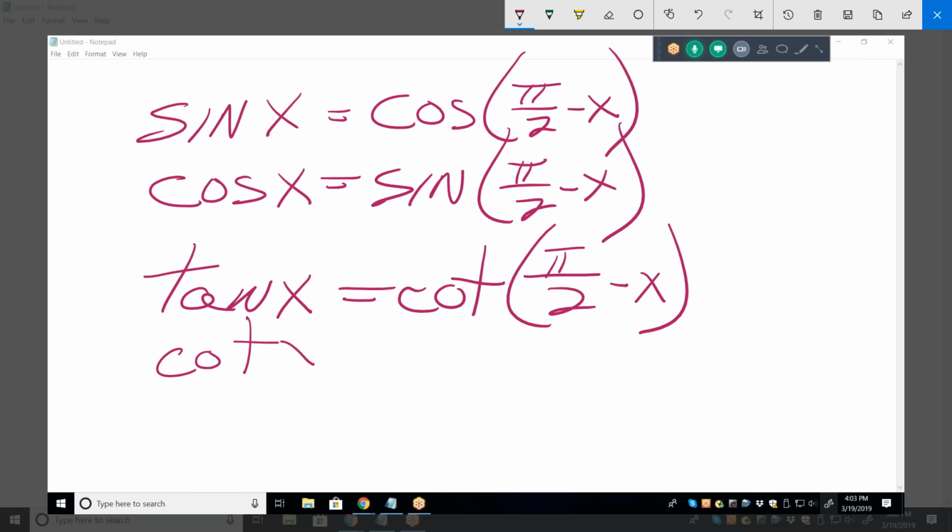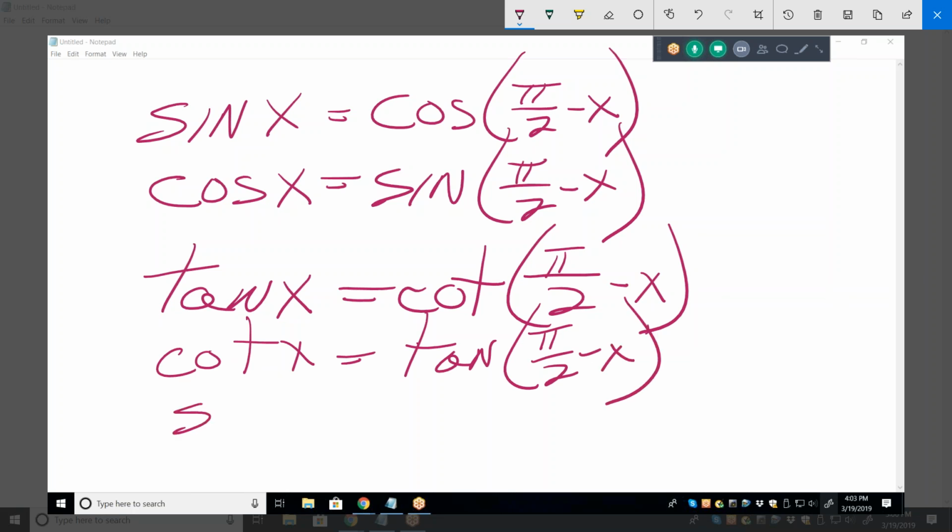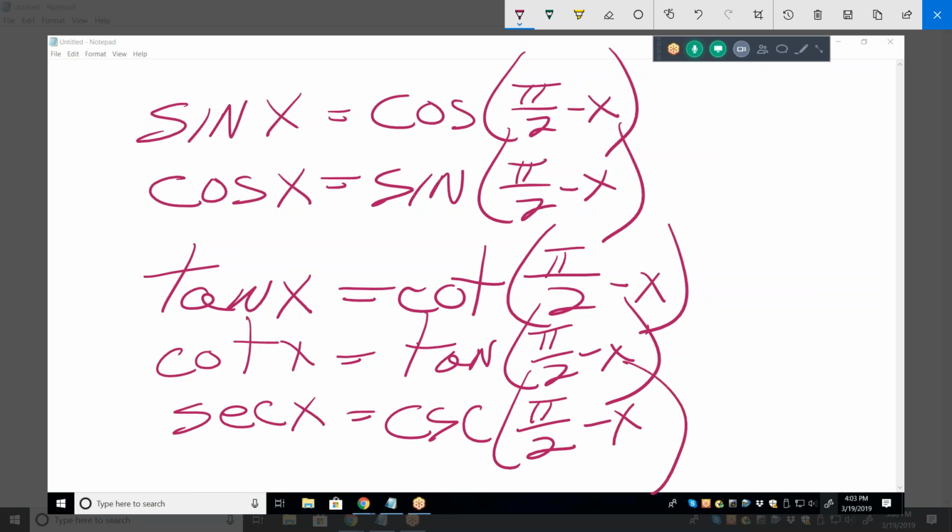Cotangent x equals tangent of pi over 2 minus x. So all of these cofunctions are shifted by 90 degrees. And that's why the sine of 30 degrees is the same as the cosine of 60 degrees.